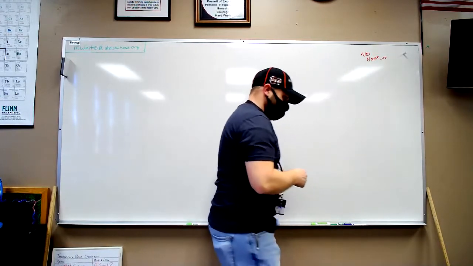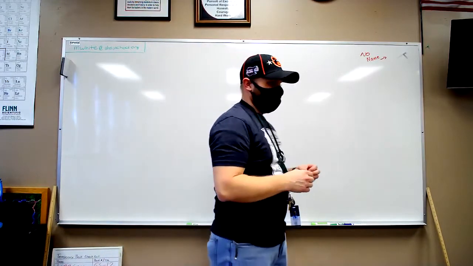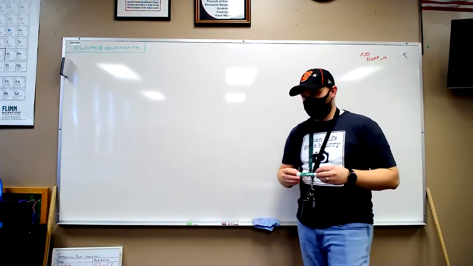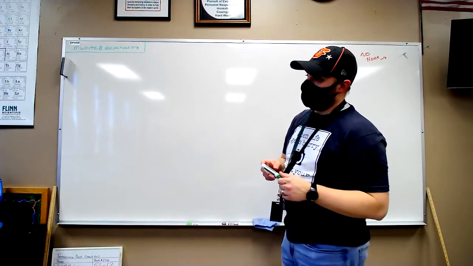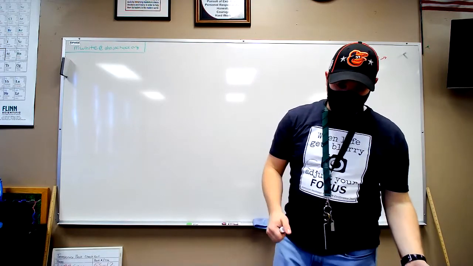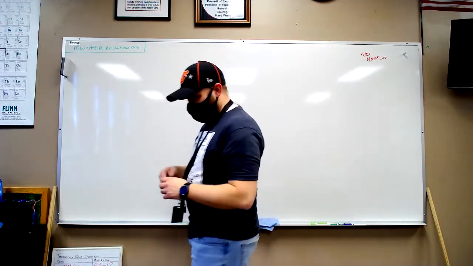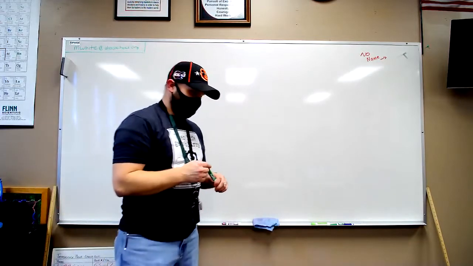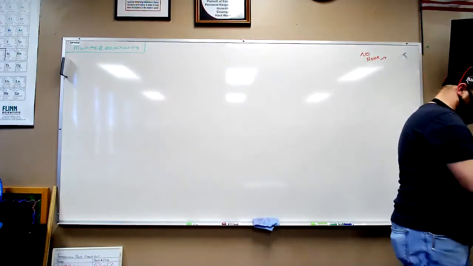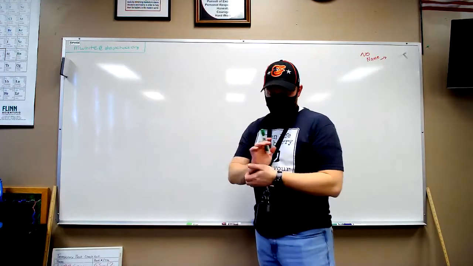So if your blood is not in the proper pH range, bad things can happen to you. And so your blood actually does a really good job of keeping things where it should be. And basically, with a buffer, we have either a weak base with its conjugate acid, or a weak acid with its conjugate base.